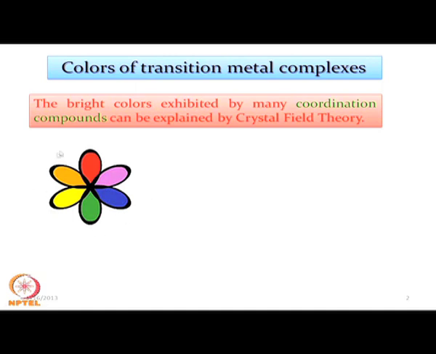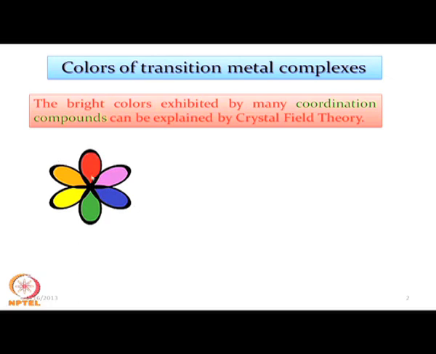For the entire visible spectrum, we always know it is VIBGYOR. There are 7 colors, but for an even distribution, if we arrange them as violet, blue, green, yellow, orange and red, we have a useful color circle.